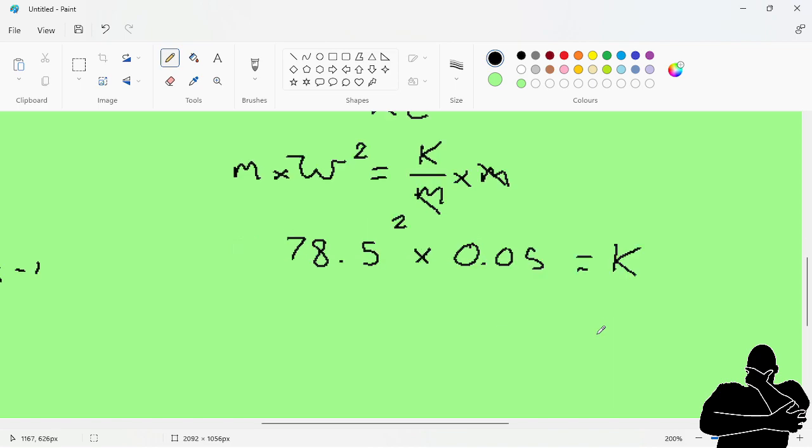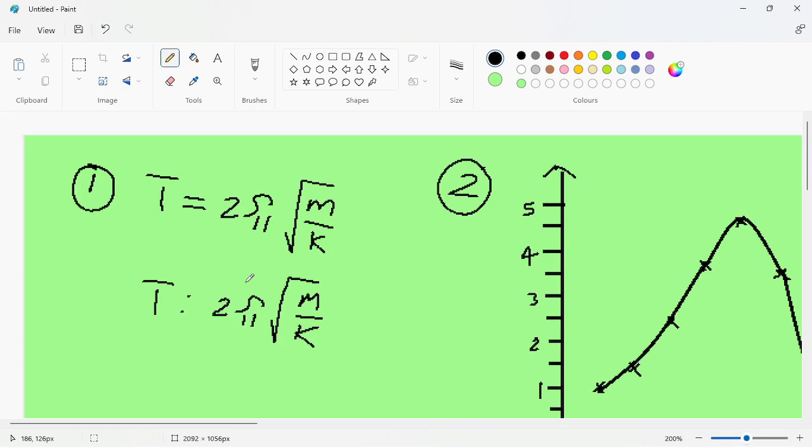When we work out all of that, we should get an answer of 308.1 newtons per centimeter. And it's not newtons per meter in this case because the amplitudes that we got were in centimeter. The period was for the amplitude in centimeters, not meters. So the spring constant is going to be in newtons per centimeter.